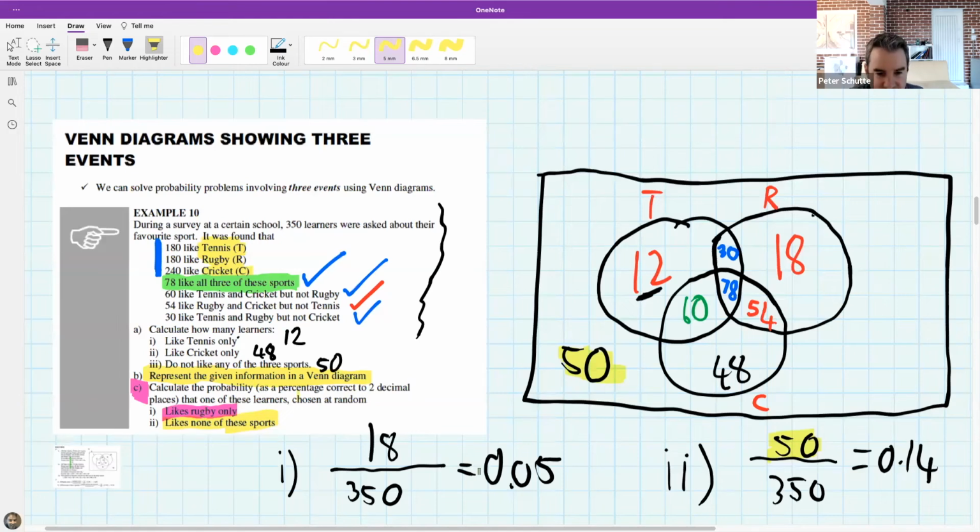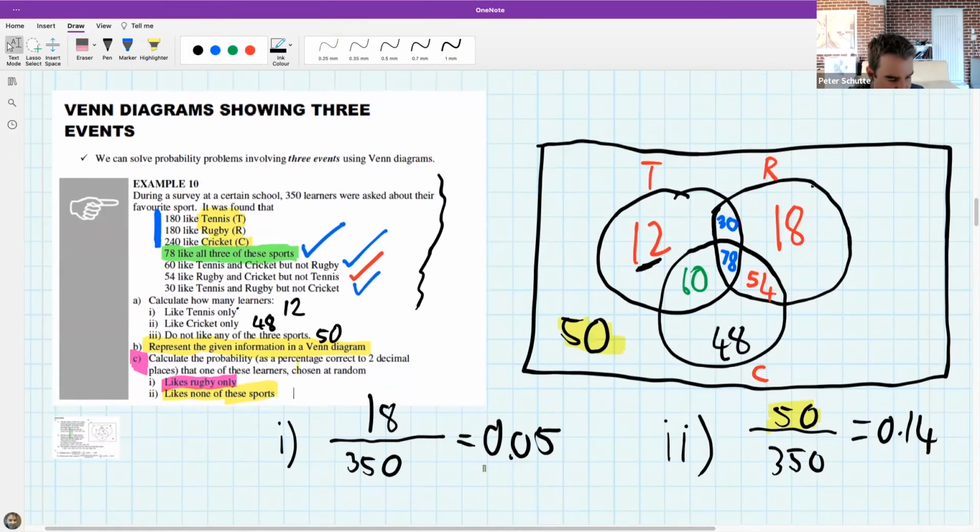So I actually should have written this. If I follow the absolute letter of the law here, I should have written this in terms of percentage to 2 decimal places, which is going to be 14.29, because I needed those extra decimal places and I needed a percentage.